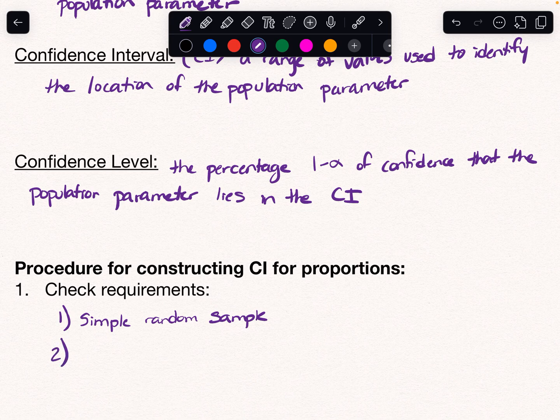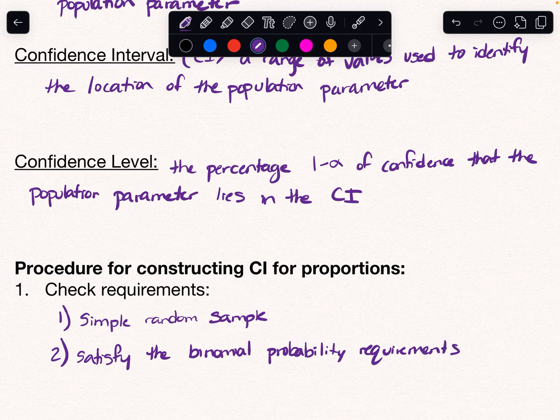Our second requirement has to satisfy the binomial probability requirements, and this ties back to chapter 5. So remember, binomial is like two things, and I think there were 4 requirements for a binomial probability. I do remember one of them.